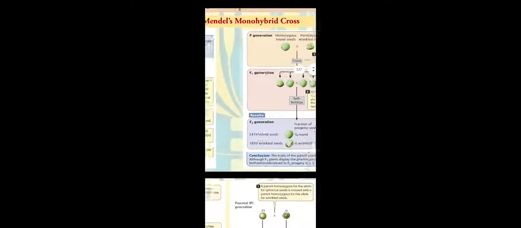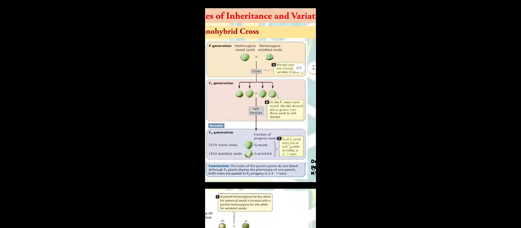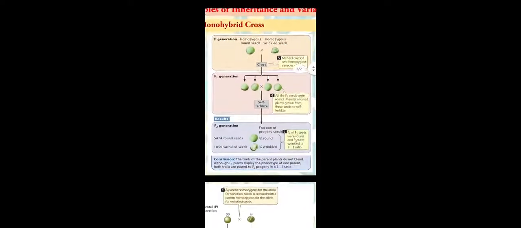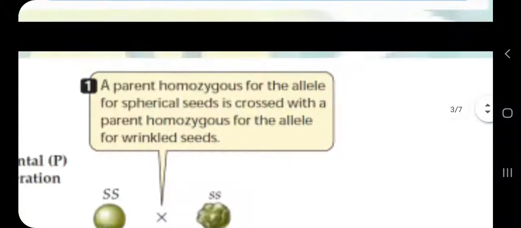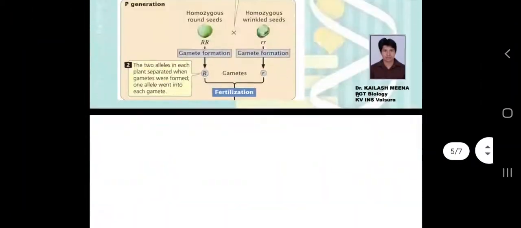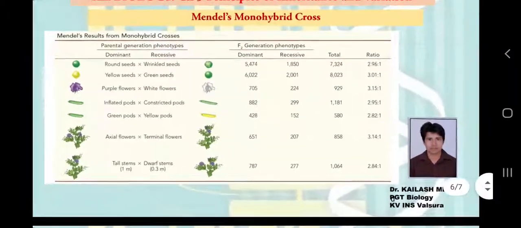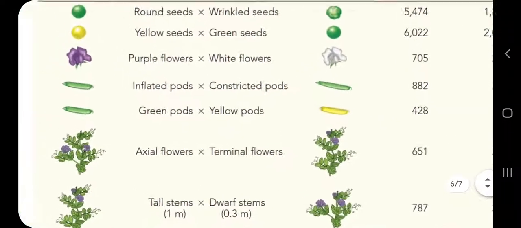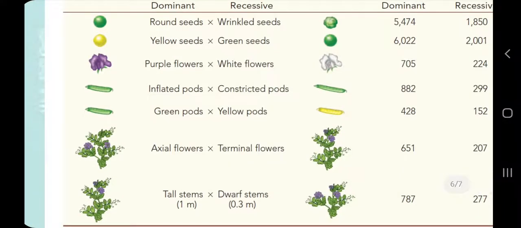Now let us discuss what the results of those genetic crosses were. Firstly, he selected some characters to observe. In every genetic cross he chose a few features, listed in this table: seed shape, seed color, flower color, pod shape, pod color, position of flowers, and height of stem or height of plant.